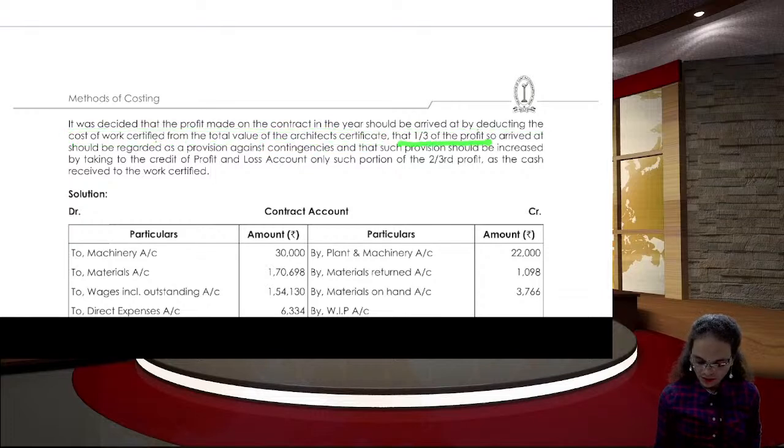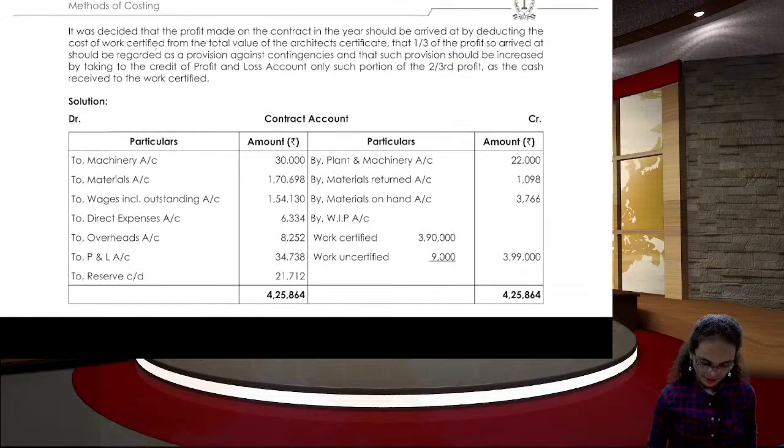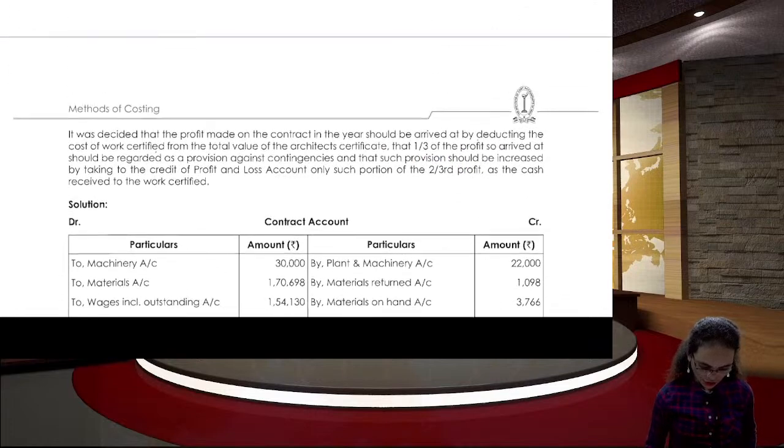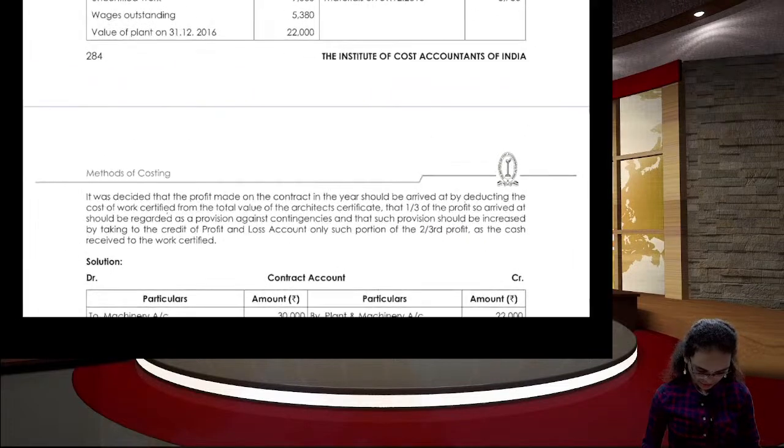That 1/3 of the profit so arrived at should be regarded as a provision against contingencies, and that such provision should be increased by taking to the credit of the profit and loss account only such portion of 2/3 of the profits as cash received bears to the work certified. Okay, I'll show you in the answer itself.